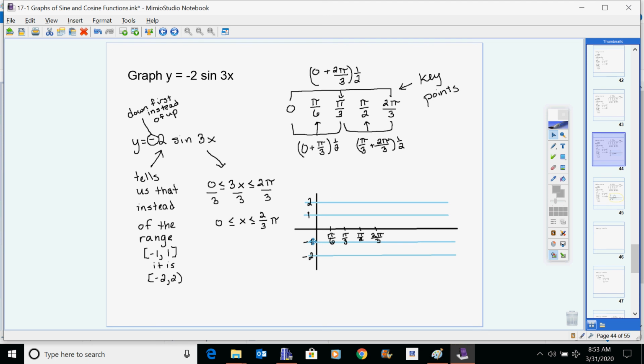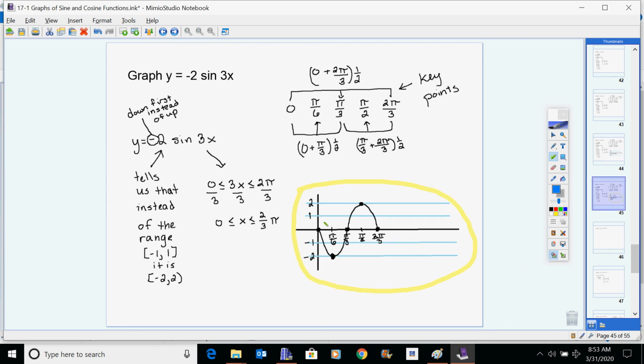For sines, you're always starting at 0, so my 0 points are here and here and here. So we would put in those dots here and here and here. Normally we would go up and then down, but because of the negative, we go down and then up. And then you make your very nice curvy curve that goes in there, and we've got one period for the sine of -2 times the sine of 3x.